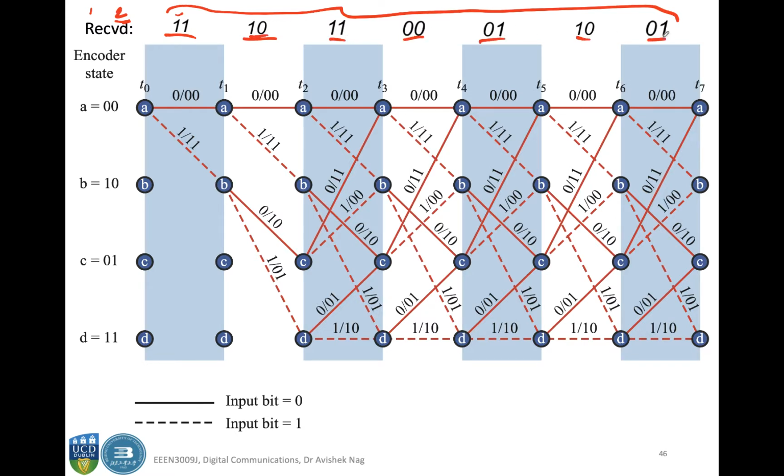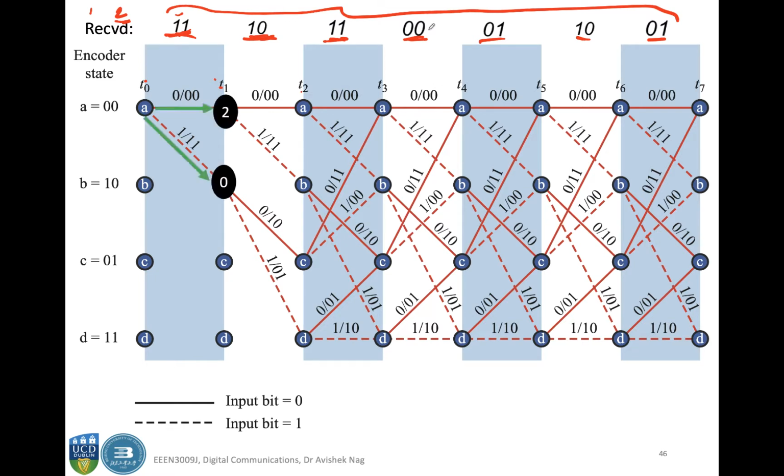If you separate them into 2 bits and write them along this trellis diagram, each of these 2-bit combinations falls within the transitions, like from T0 to T1, T1 to T2, T2 to T3, etc.